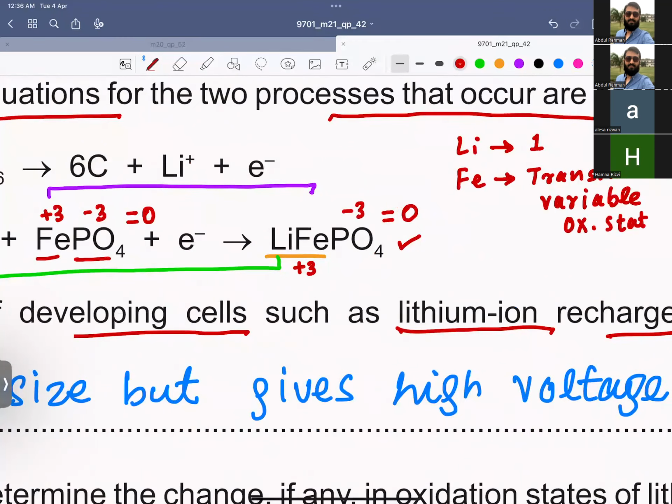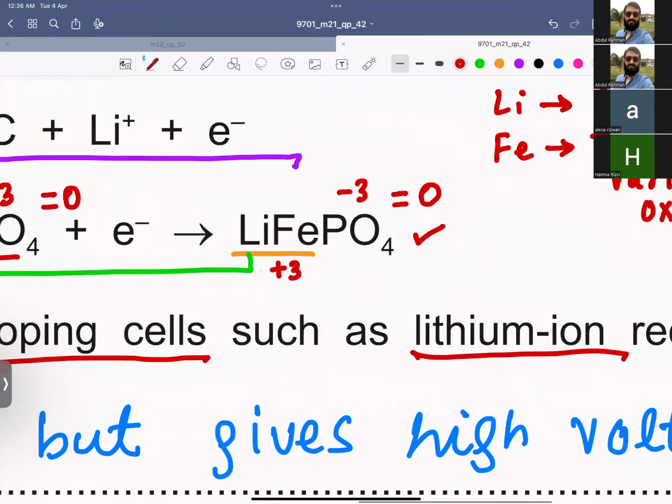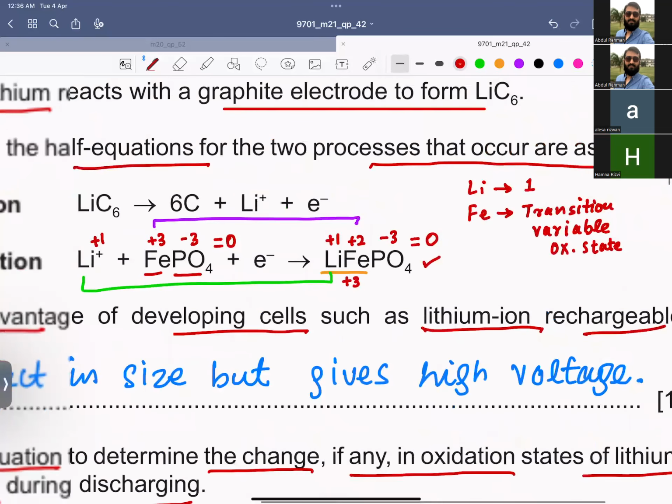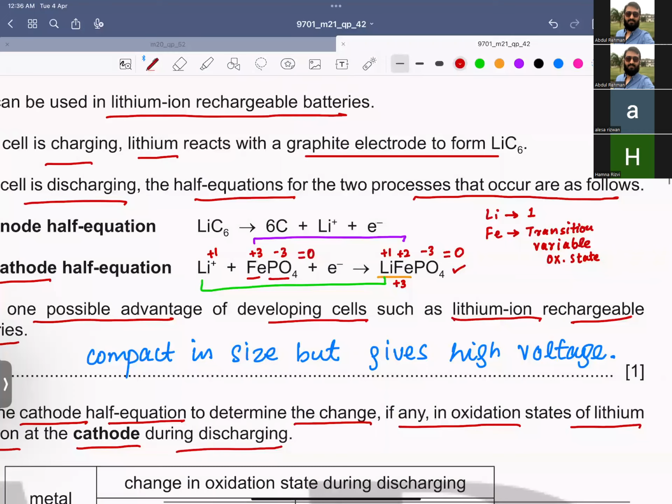Yes. So from this, I would say that the lithium stays +1 and the oxidation state of iron must be changed. Right. Is it clear now? Yes, thank you. Okay. If anybody else has any doubt, kindly ask.